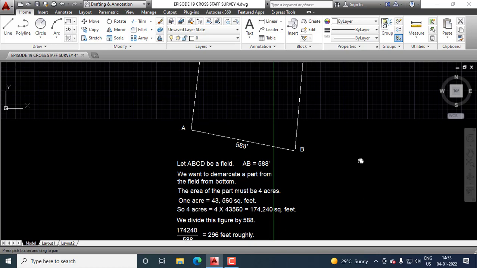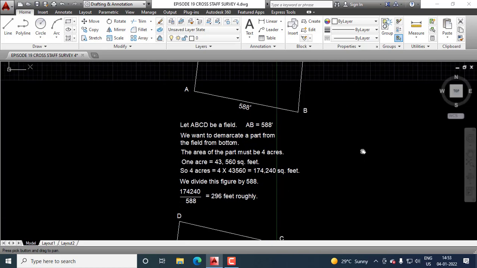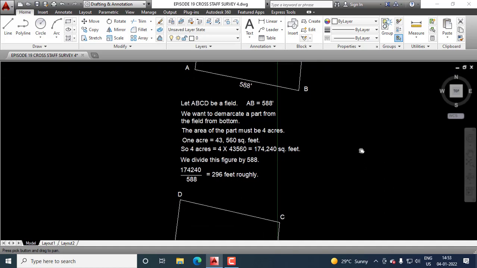The area of the part is 4 acres. 1 acre is equal to 43,560 square feet. So 4 acres is equal to 4 into 43,560, which is 174,240 square feet.